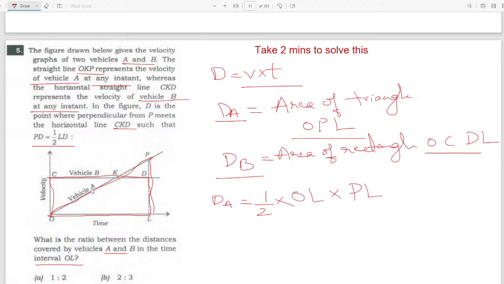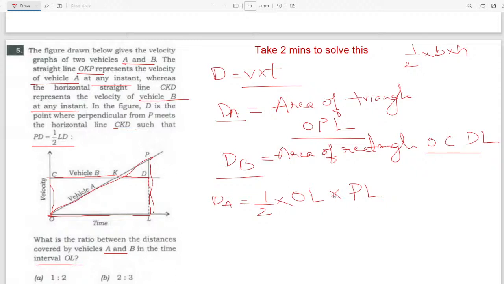Area of a triangle is equal to half into base into height. The base is OL and the height is PL. And they have given that PD is equal to half into LD, or LD is equal to 2 into PD.